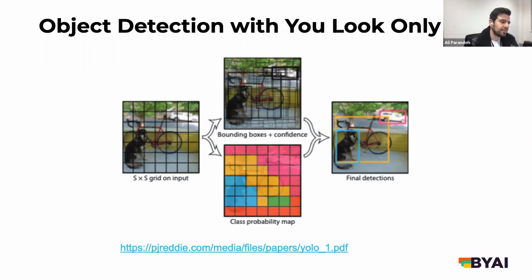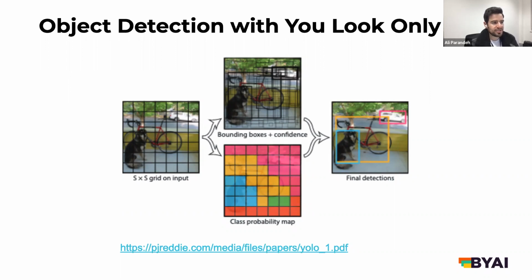Here, for example, we create a class probability map using the S by S grid cells. Once we divide our image into an S by S grid, each grid cell gets classified into one object's classification. From that, you also get a bunch of bounding box proposals at the same time.